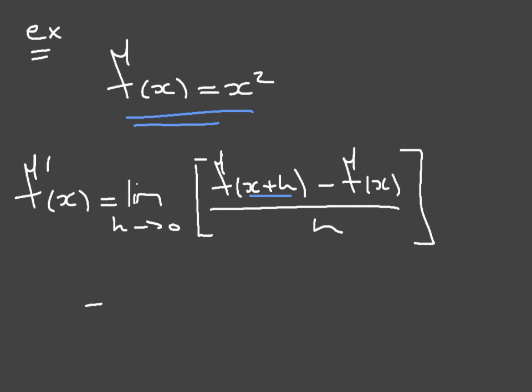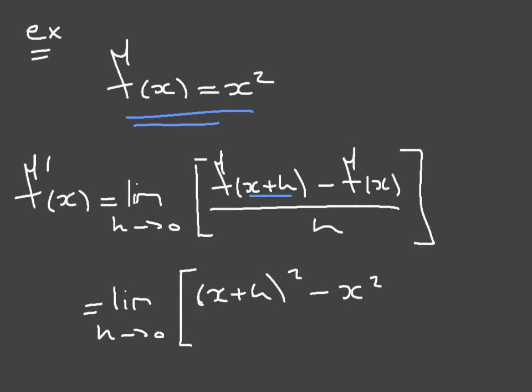We would have the limit as h tends towards 0 of, I replace f of x plus h by x plus h in parentheses squared, x plus h squared, minus f of x, and f of x is still just x squared, over h.